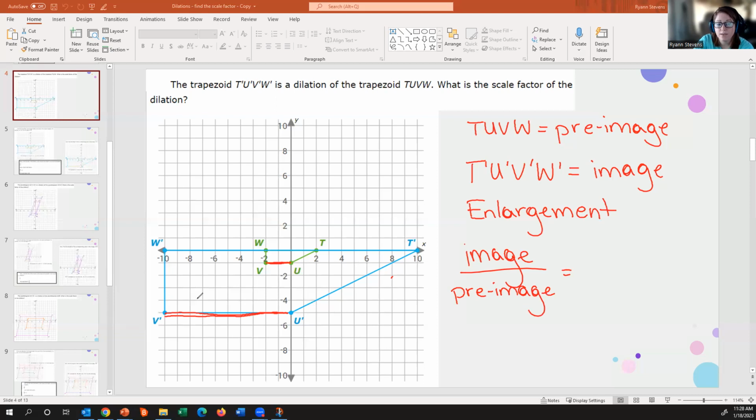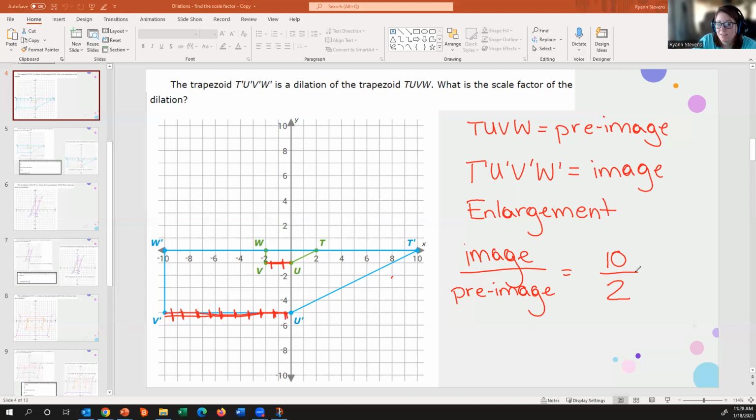So the image would be this one here, 1, 2, 3, 4, 5, 6, 7, 8, 9, 10 units long. And then the pre-image would be 2 units long. And since we know that this is going to be a whole number and this matches up, 10 over 2, we got to think about this as division.